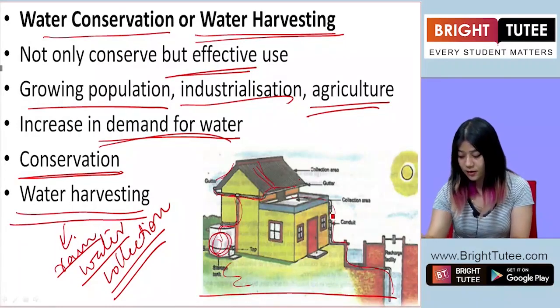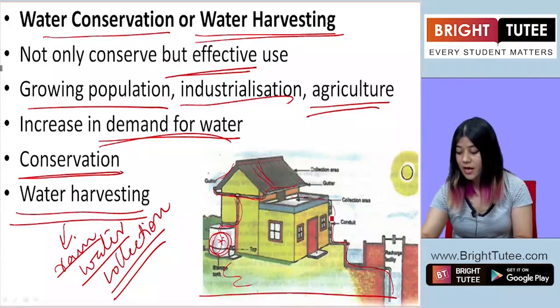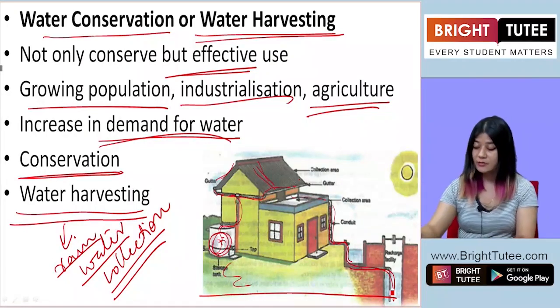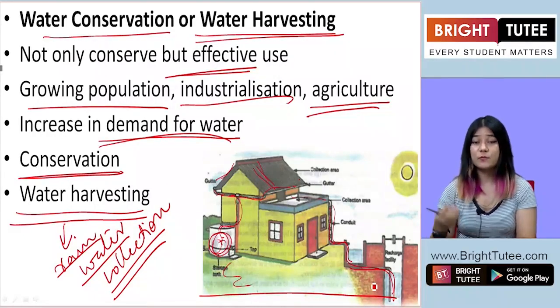Now, after you collect in the tank, the rest of the water can go back to the ground. Okay, can go underground, and that also helps keep a check on the groundwater. The groundwater is the water that we use for drinking.